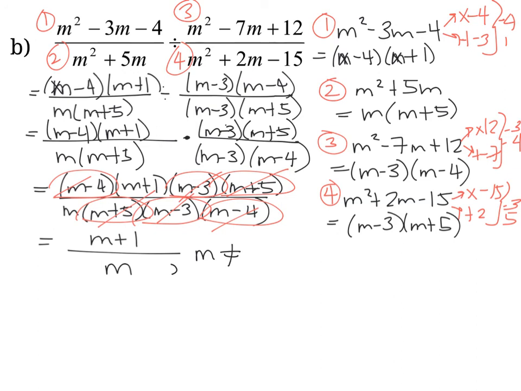So let's start up at the top. We're going to have a bunch of restrictions here. Let's start over here in this denominator. Up here it's hard to see because they're not factored, so let's start where they're factored. We know m can't equal 0. Here we know m can't equal -5. Moving on, we have m can't equal 3.